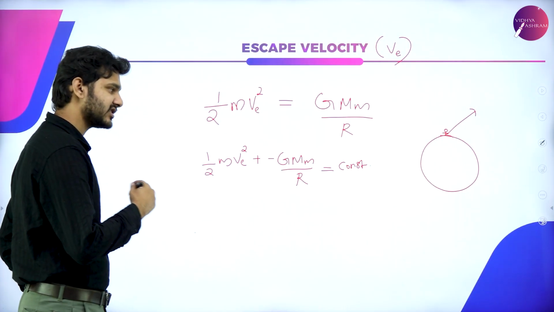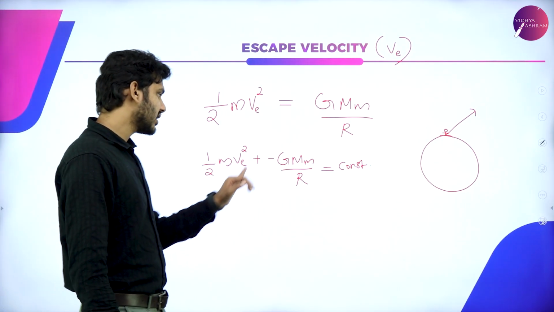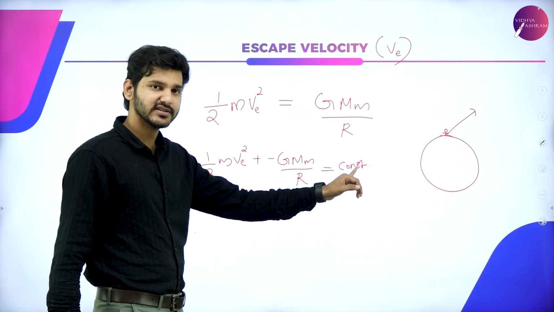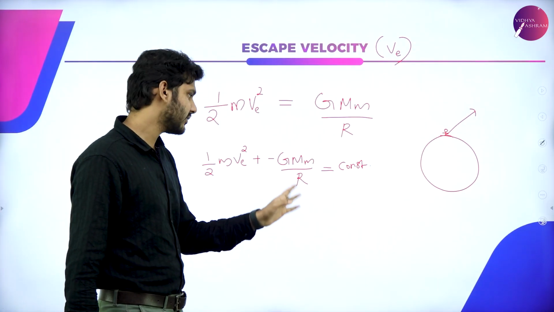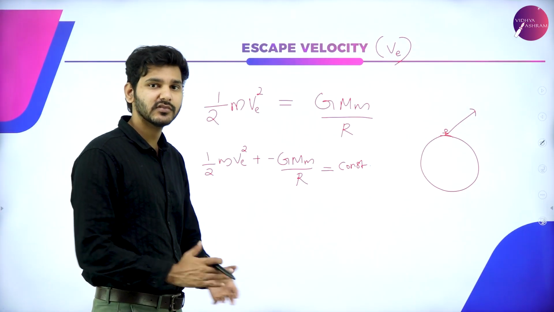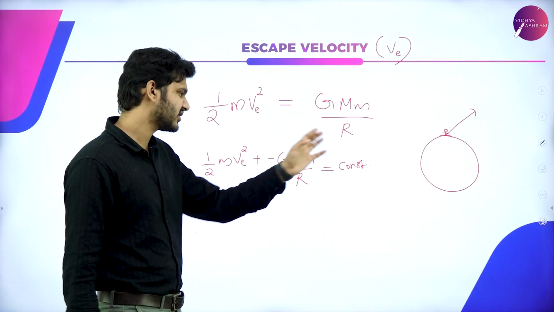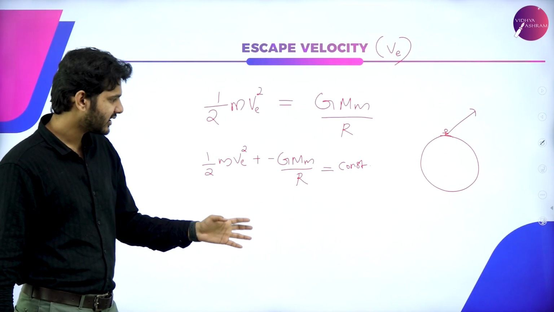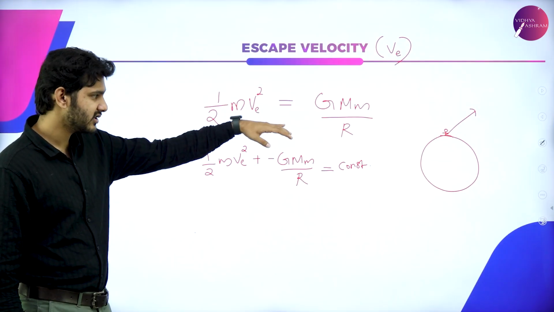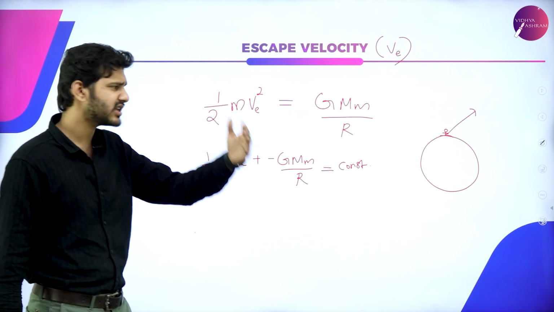If I use this, the only difference is that this term goes to the other side and automatically becomes a plus sign. Then I can say that half m v square is equal to GMm by R, because this is a constant. So I can apply this or this directly. Both cases are right.